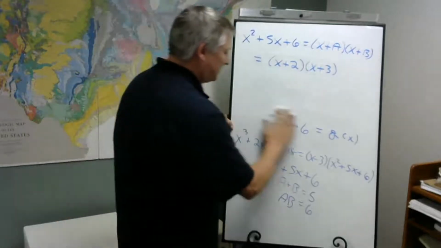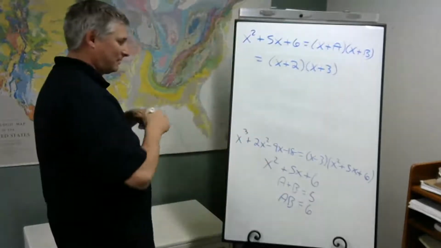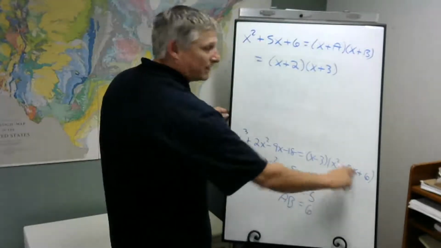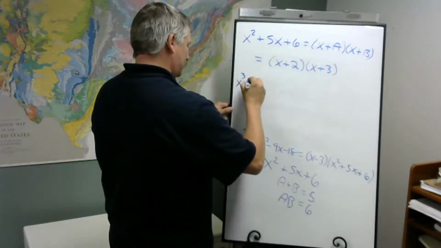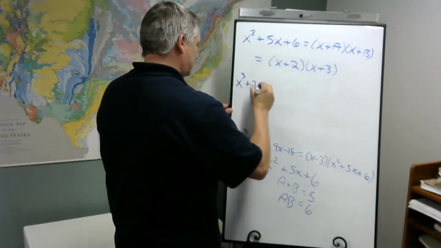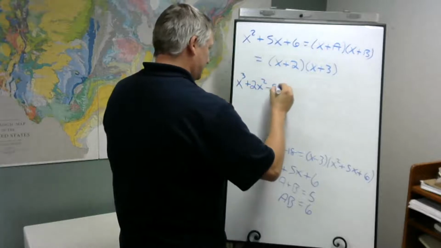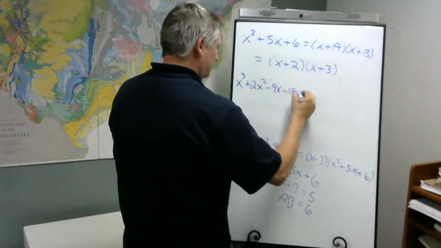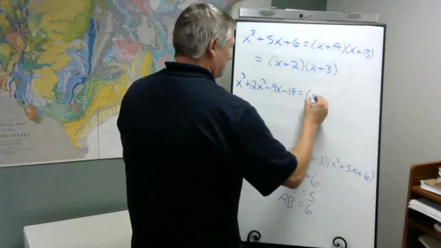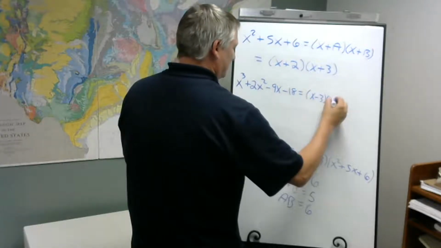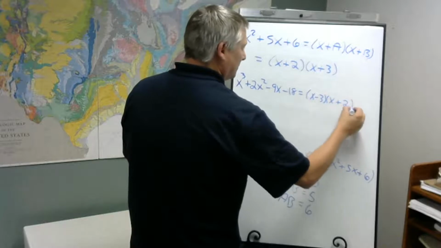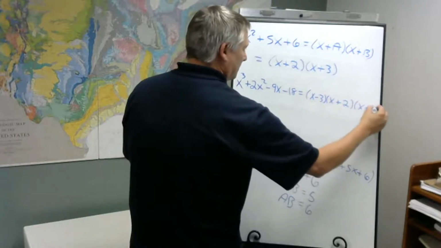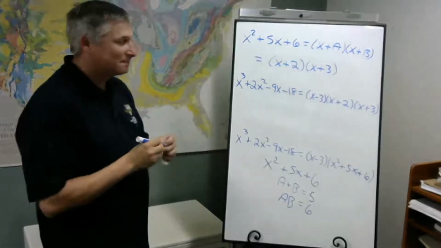So now what we know is this. This will break down to x cubed plus 2x squared minus 9x minus 18 equals x minus 3, x plus 2, x plus 3.